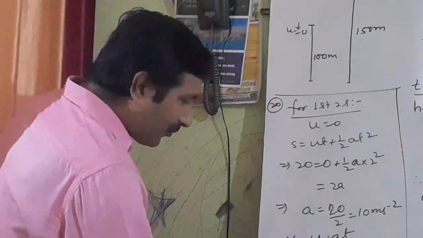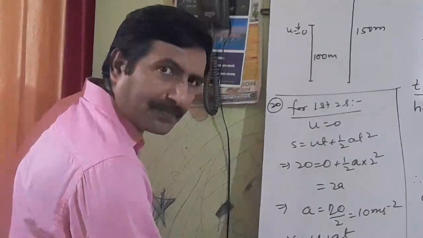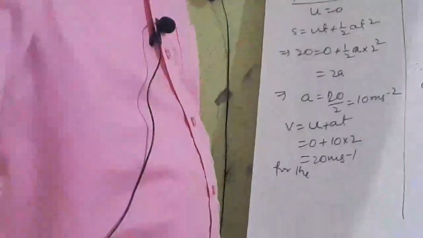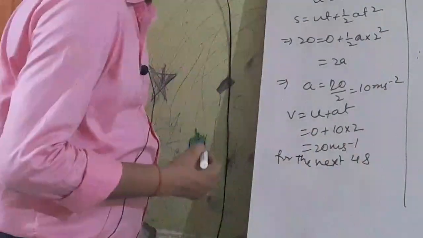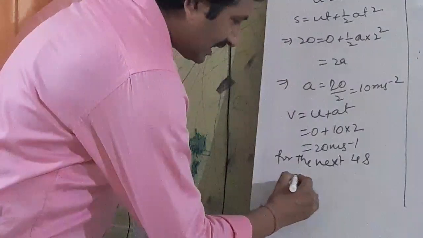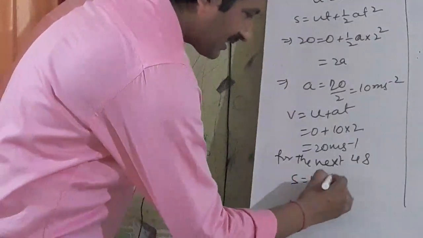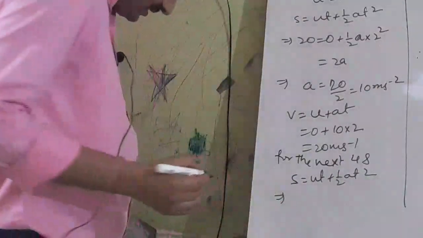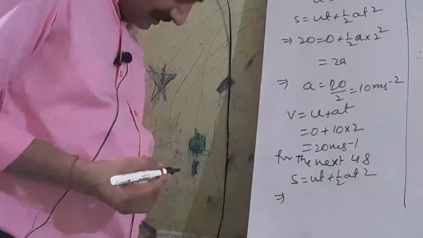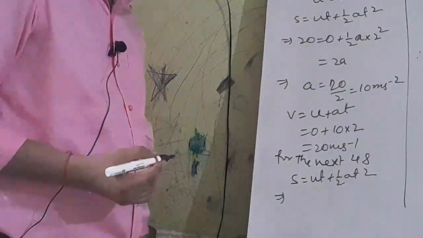Now for the next 4 seconds, again you use s is equal to ut plus half at square. It is given that s is now 160 meter.